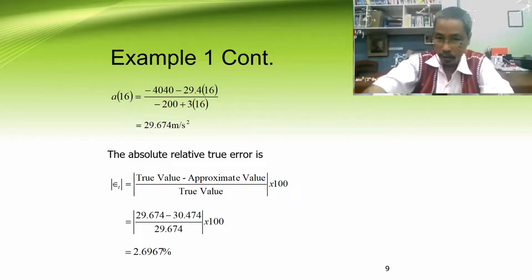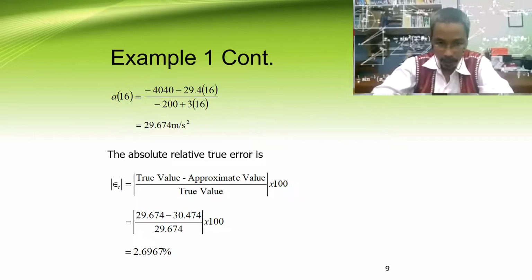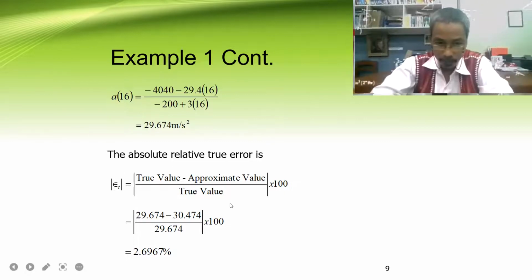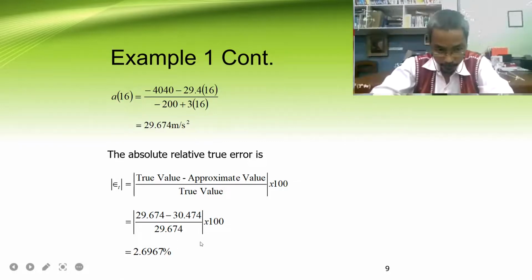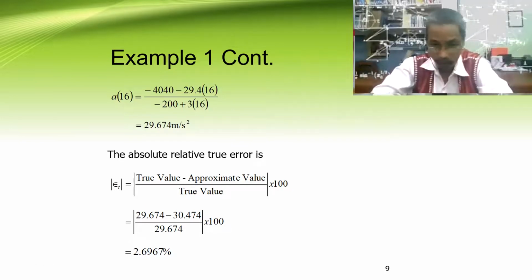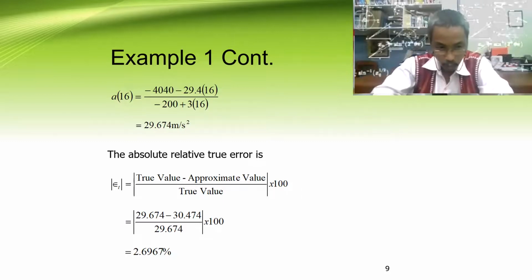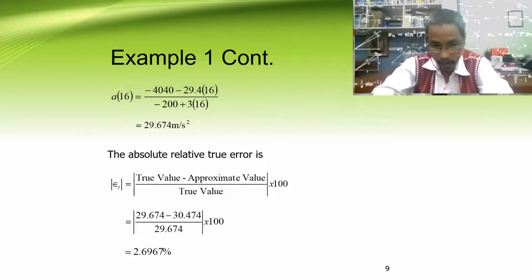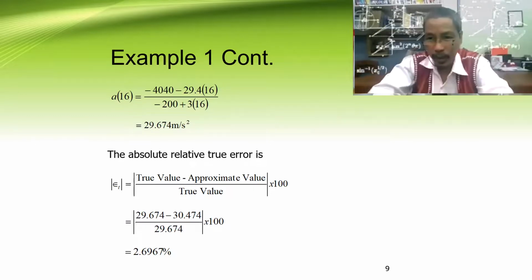This is question letter C. The absolute value of true value minus approximate value divided by true value, and you will notice that our error is only a very small error. This is acceptable because this is less than 3%. Our error is just what? 2.6967%. Less than 3%.